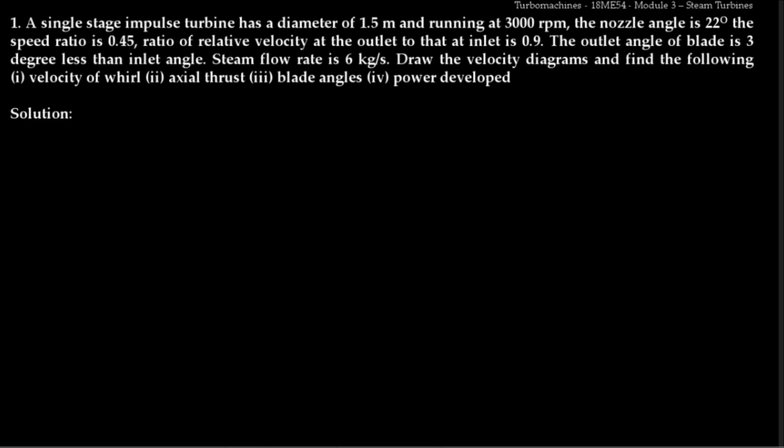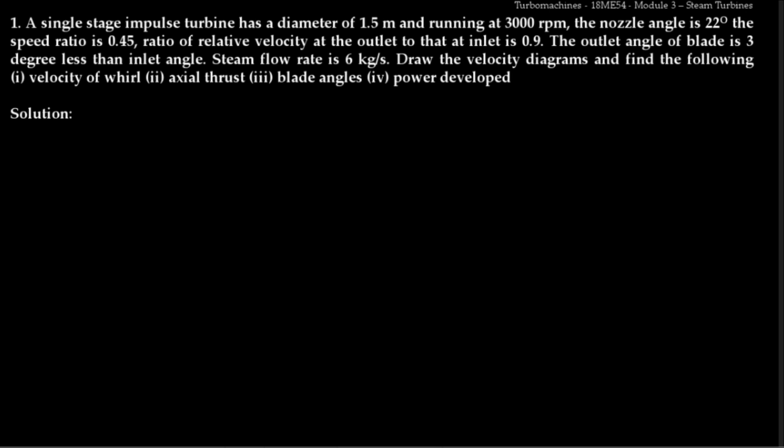So that means to say that it is blade friction coefficient denoted as CB. CB is 0.9. The outlet blade angle is 3 degree less than that at the inlet, which means to say that outlet blade angle is beta 2 and that is 3 degree less than the inlet blade angle, which is beta 1.